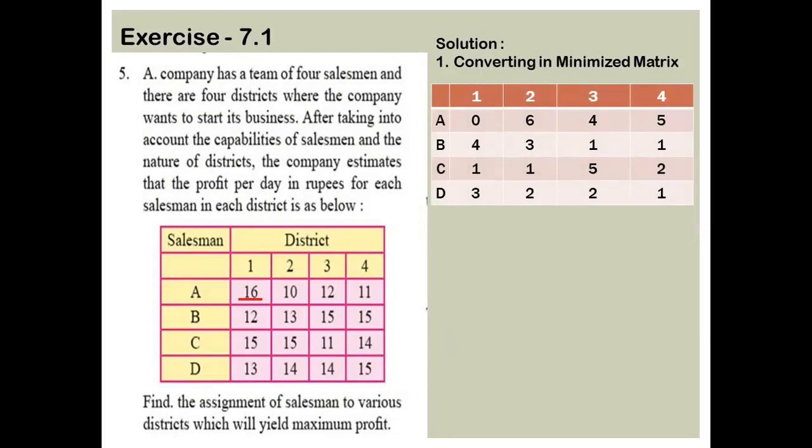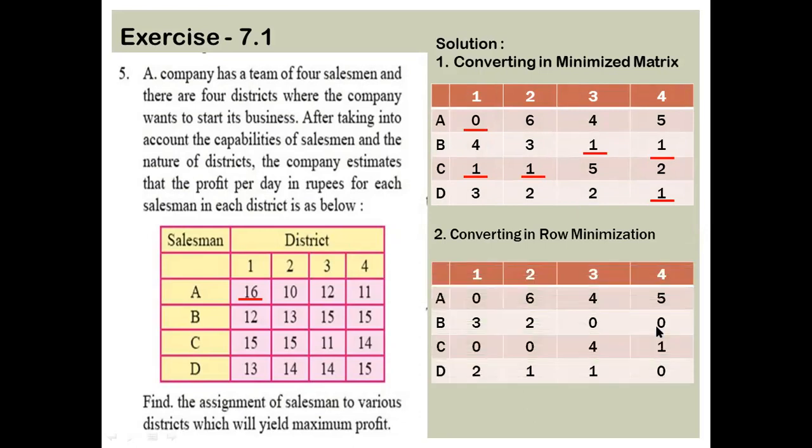After converting it into a minimized matrix, what's the next step? Correct. You have to convert it in row minimization. So underline all the minimum elements in each particular row A, B, C, D like this. After subtracting, you get a matrix like this.